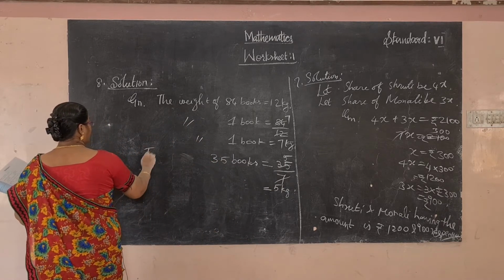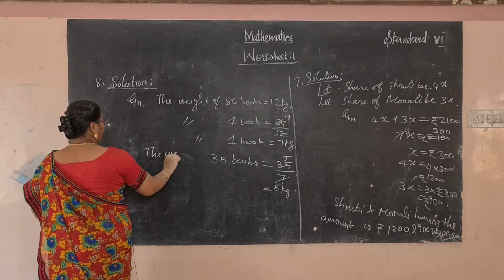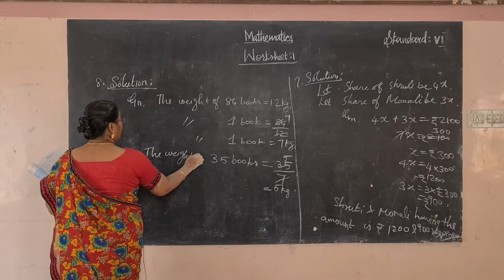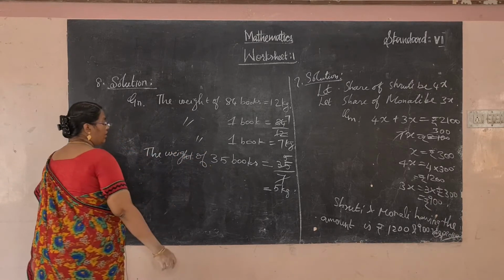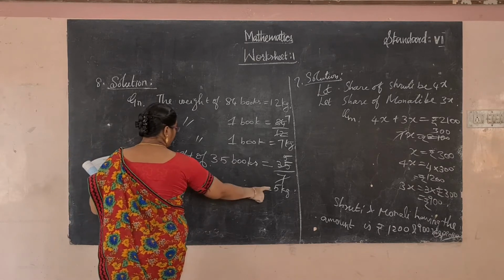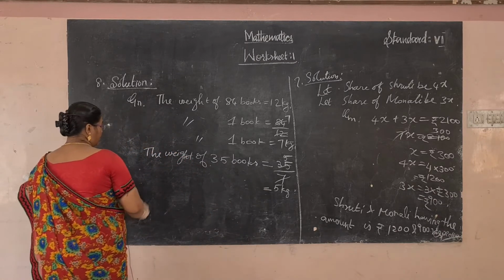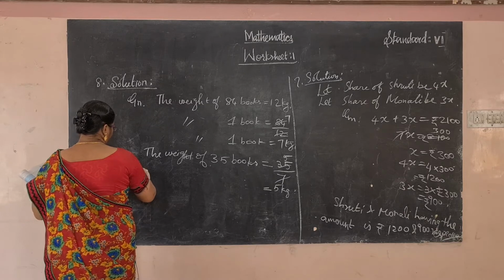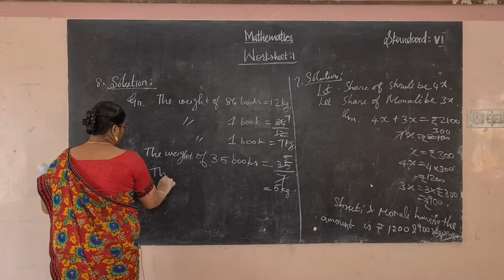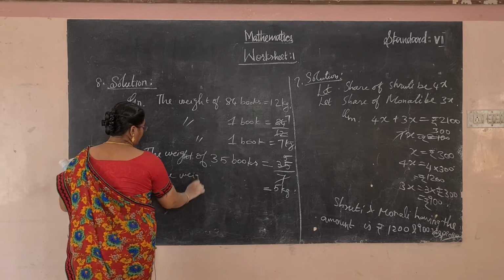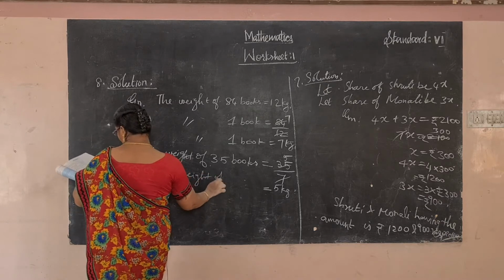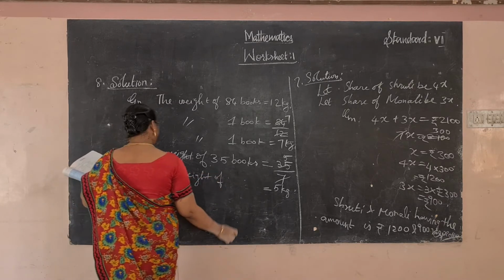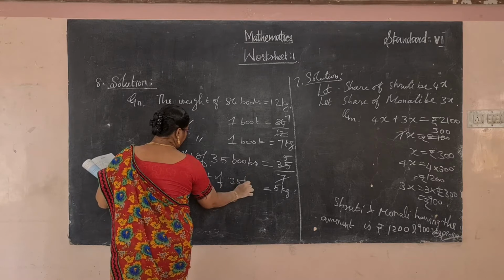Here write: the weight of 35 books is equal to 5 kg.